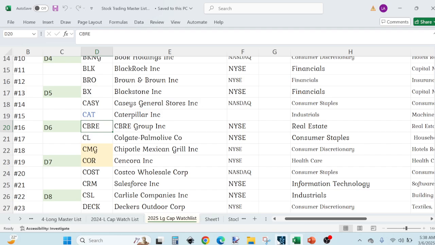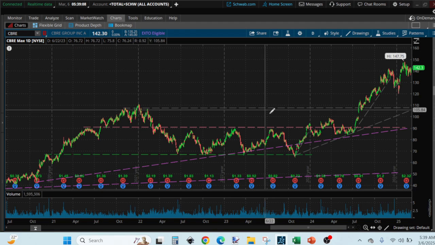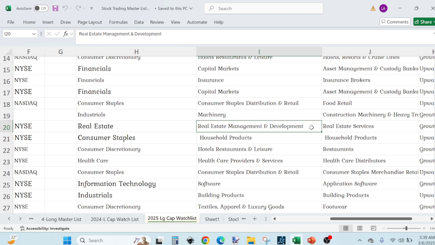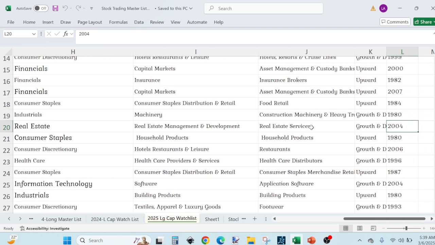So, did you see how we try to understand the chart, and the pattern that the price is drawing, to see if there is some repetition that we should expect to repeat itself? And since that question crossed my mind, we can come here and wonder why. It is in real estate development management, so real estate services. It went public in 2004.